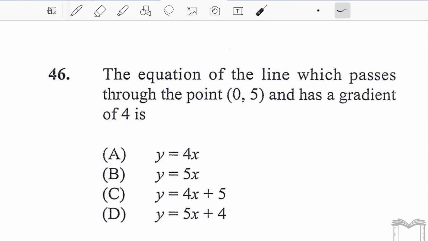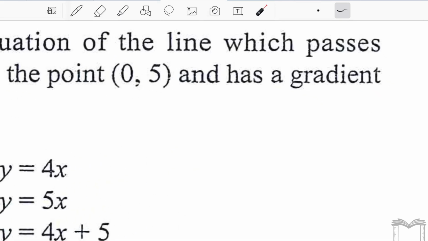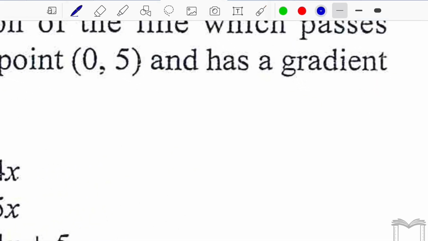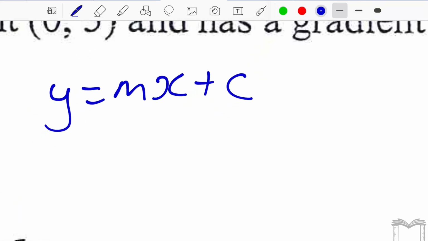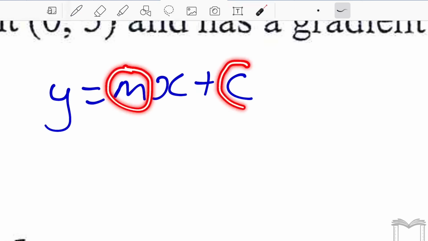Number 46. The equation of the line which passes through the point (0, 5) and has a gradient of 4 is, so we know that the equation of a line is y = mx + c. Right, that's the form of the equation. m is the gradient, which we are given to be 4, and c is the y-intercept.